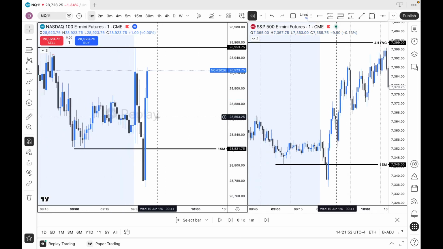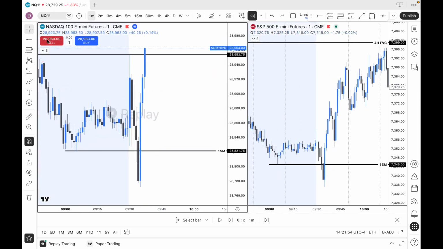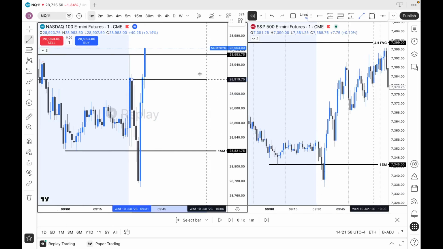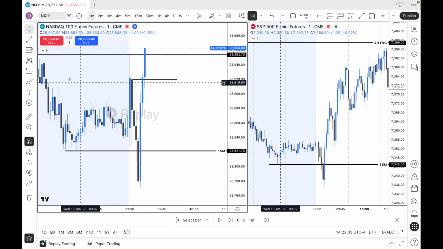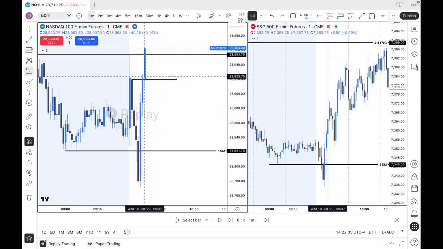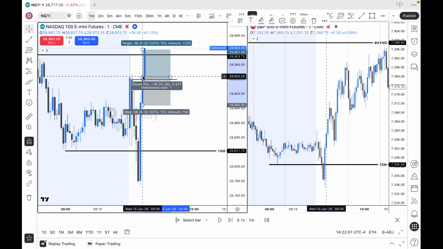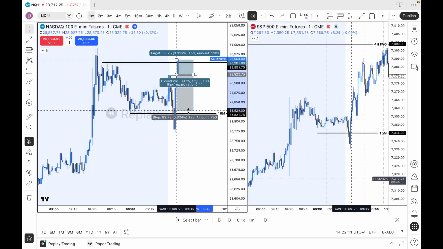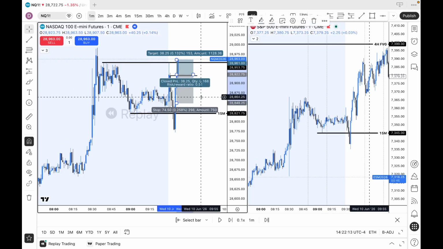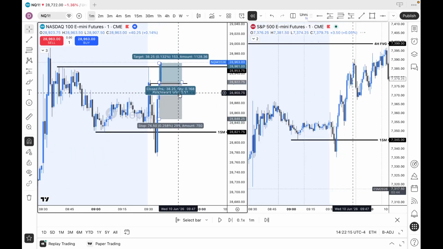We have the targets to be bullish. So I waited for this whole leg to get closed above because I wanted my risk to reward to be the best. So we closed around here. I think I got a better fill than that. I put my stop around here, below this fair value gap.